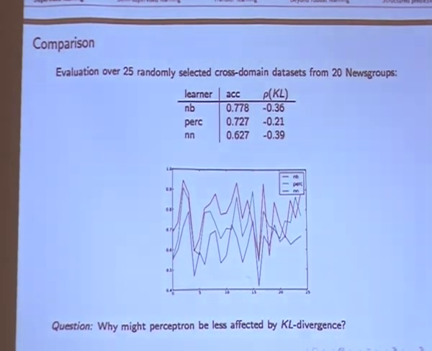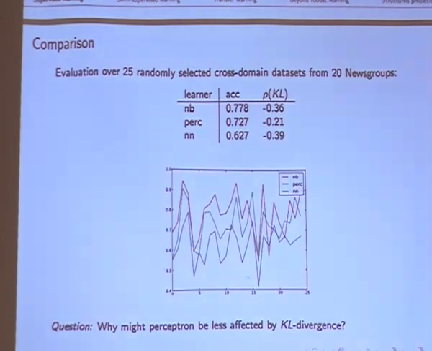Why should Perceptron be less sensitive to domain differences? Okay, and I think that's the kind of question we need to ask ourselves. I don't necessarily have a good answer. It might be that since rare features are less updated in the Perceptron model, but kick in more in the naive Bayes model, essentially when you go to a domain that's very different, naive Bayes is going to be very biased by getting some of the rare features wrong.